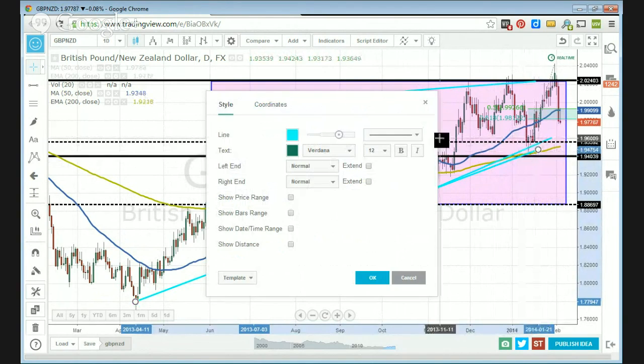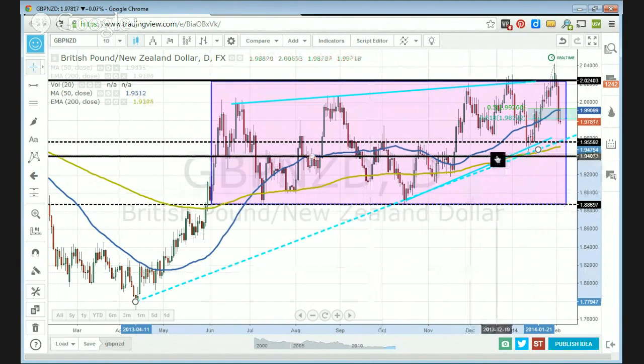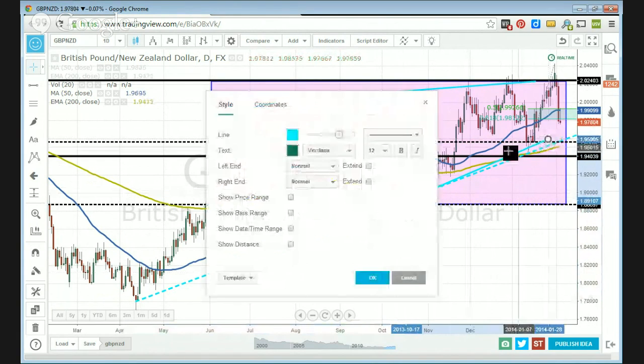Trend lines here. Extend that right. Just want to extend these trend lines. Extend right.